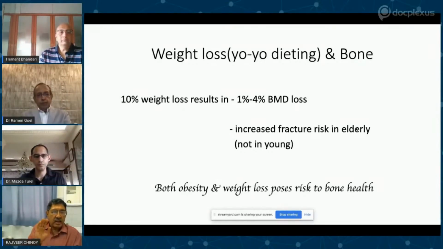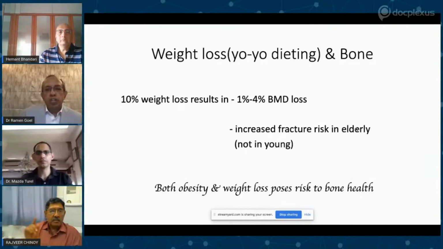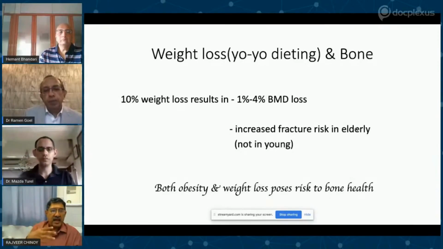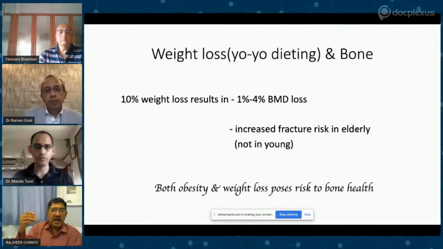Okay. And post-bariatric surgery, I would leave you to discuss that, because there are different changes and different reasons, because that's a different kind of weight loss. So, Dr. Bhandari, basic diets, people say, I have gone on a fruit diet, I've gone on a soup diet, I'm only having boiled vegetables.